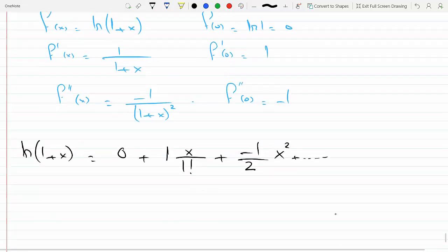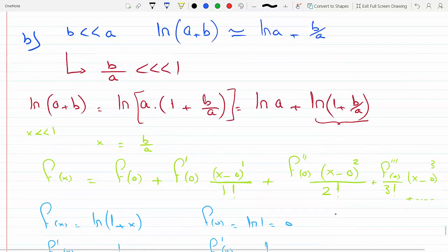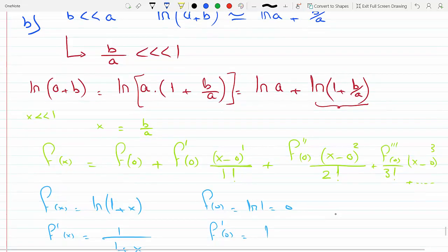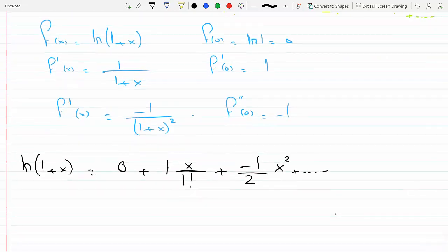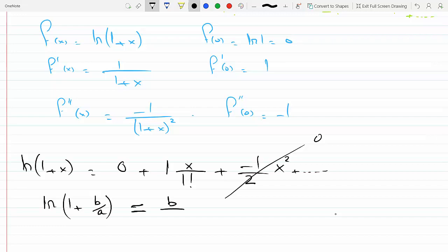But x is b over a. If I just take this up to the first order, I could ignore everything else after this, and so ln 1 plus b over a would be approximately b over a.